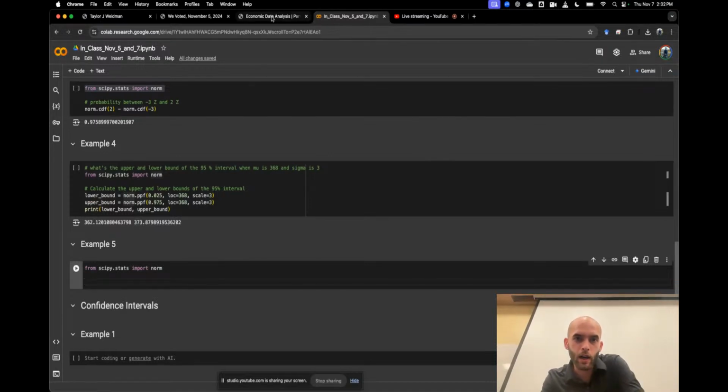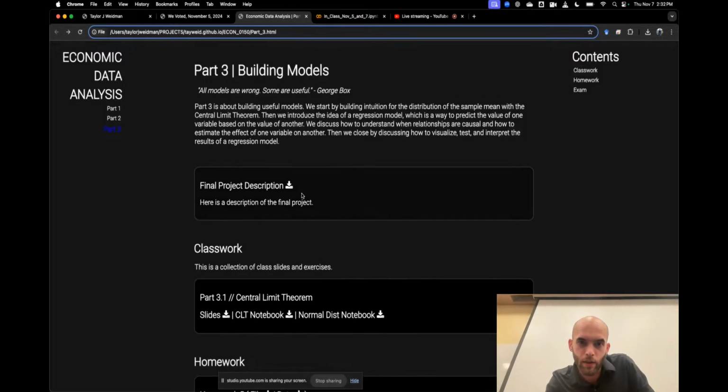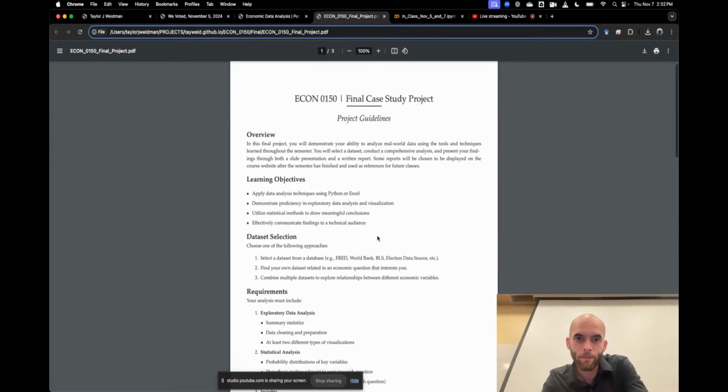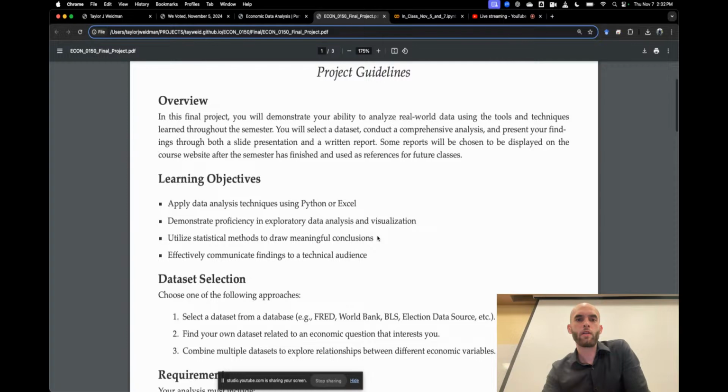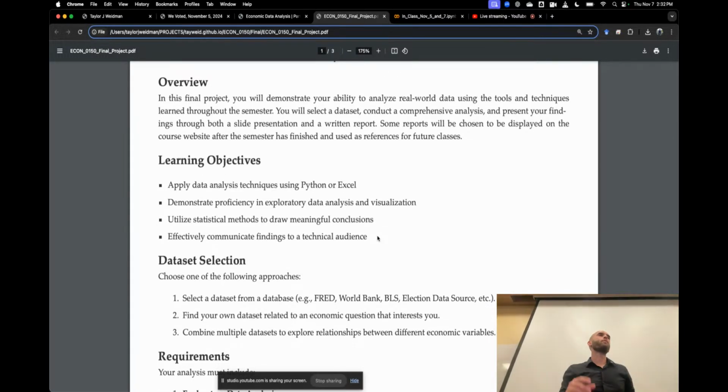So the first thing I want to show you is the project description. So this is posted. This is just some guidelines for what we're doing. Essentially, the main objective of the final project is for you to demonstrate your skills with the things we've been working with, particularly part one, so working with data, and then what we're doing in part three, which is essentially performing tests with data.